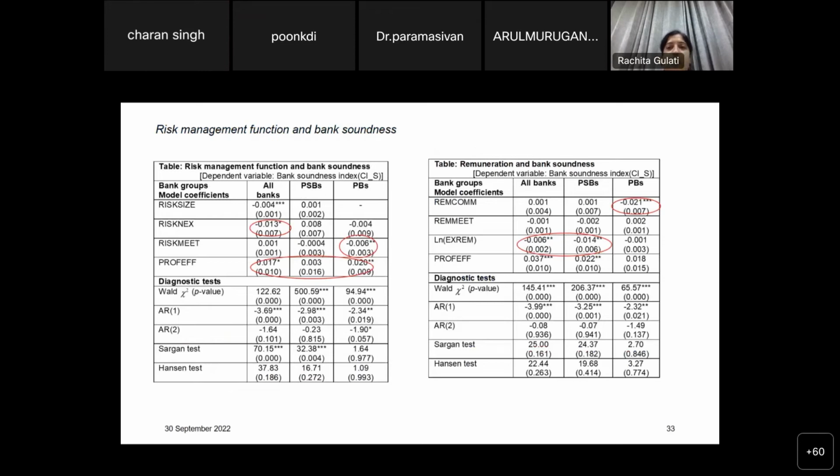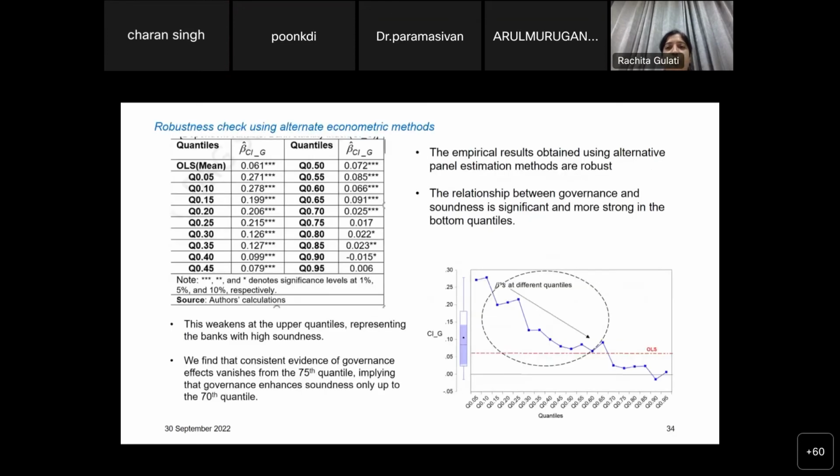The results are observed to be robust across different specifications and alternative estimation methods. The relationship between governance and soundness is significant. If we look at the variations across the distribution, we found that the governance and soundness relation is observed to be more significant and strong at the bottom quartiles, especially for the less and moderately sound banks.